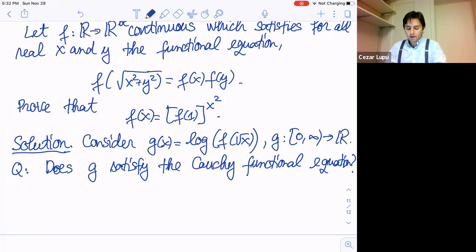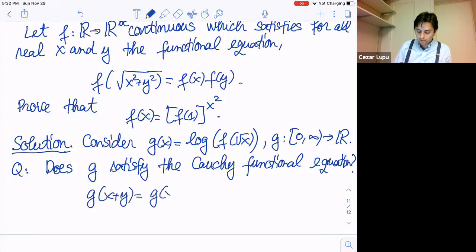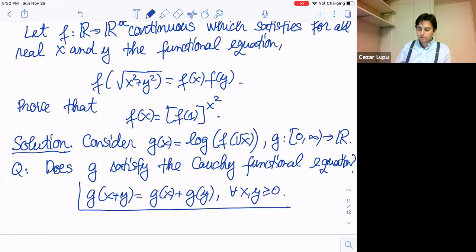In other words, is it true that g of x plus y is the same as g of x plus g of y, for all non-negative x, y? That's what we need to show.